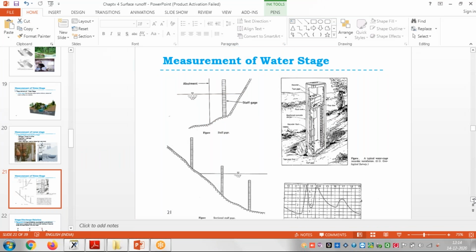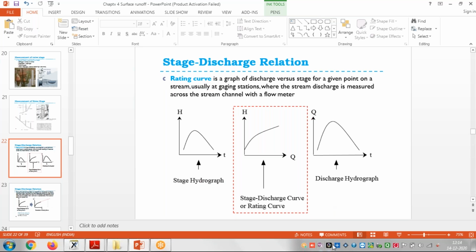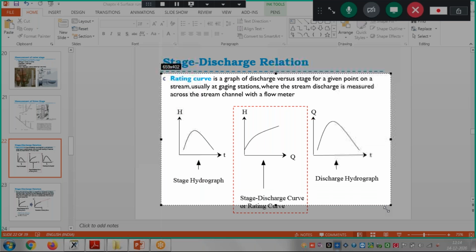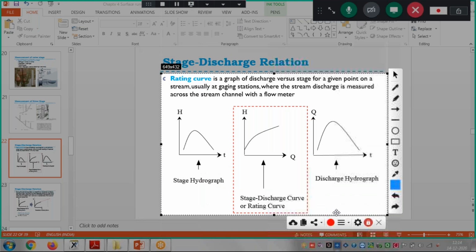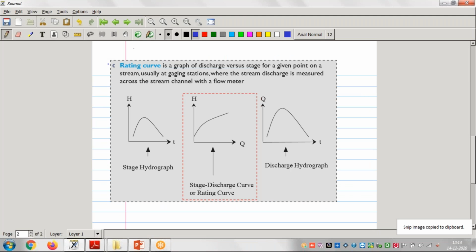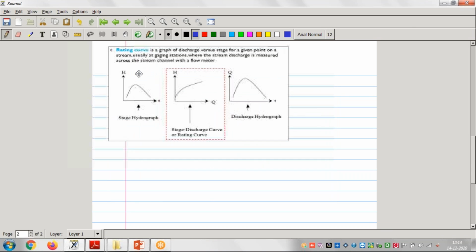now here is the stage discharge relation. Just see this graph. I will copy it. So what is this exactly?